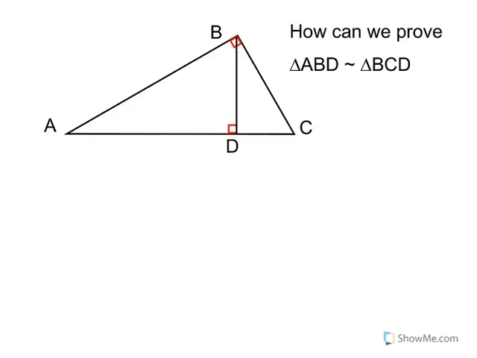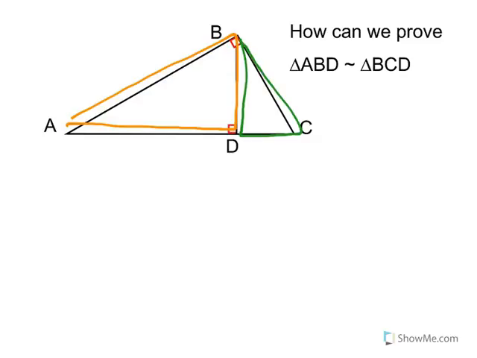So now I want to look at two different triangles. I want to prove ABD and BCD. So this one's a little bit trickier. So triangle ABD we have right there, and then BCD is this one.